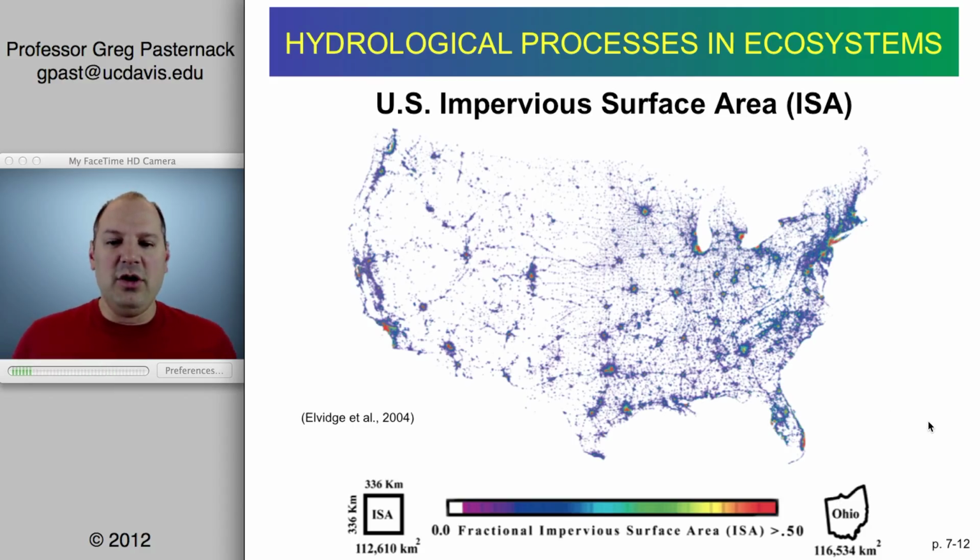This graph here looks at the whole nation, and you can see that, of course, much of the United States is relatively low density with low impervious surface area, but the key is you can see, again, concentric rings associated with each individual city, with the highest density in the center and then decreasing in the rings away.